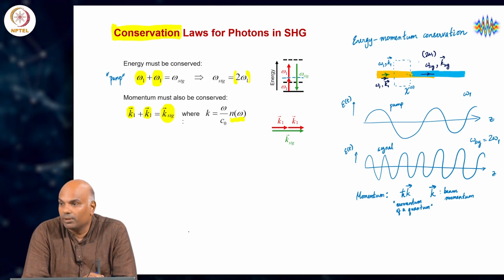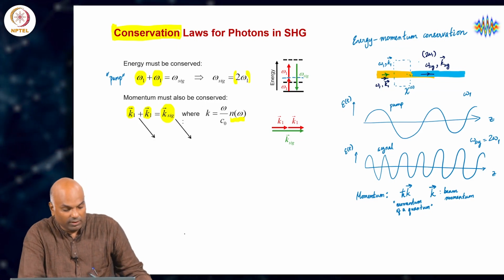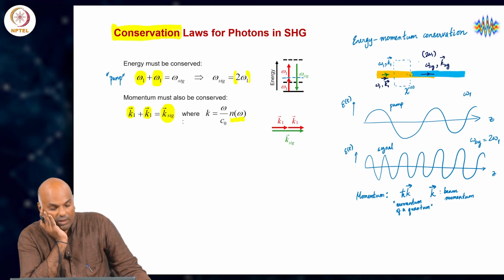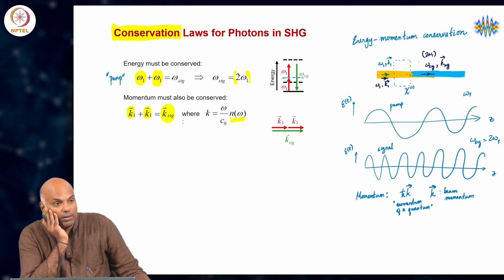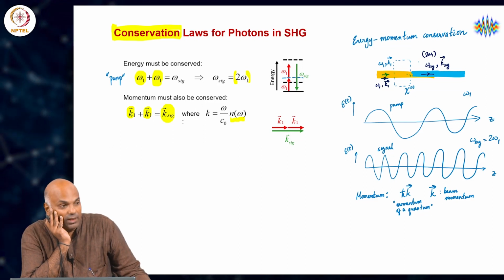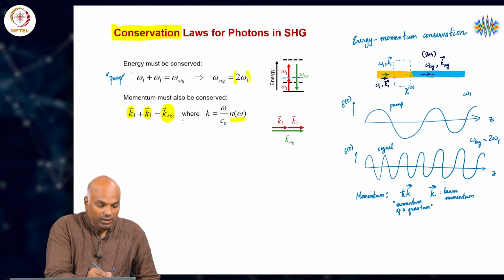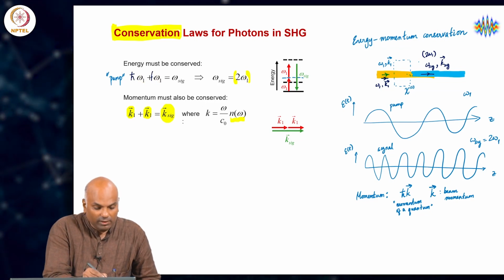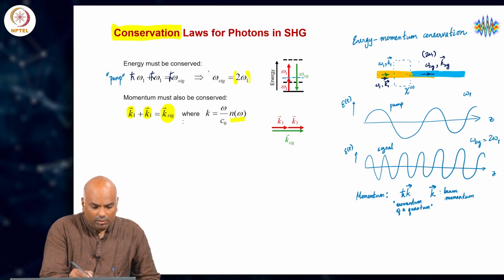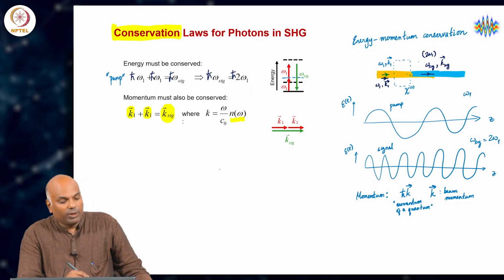So, that is the question we are going to answer in this lecture and maybe part of the next. The point here being, if second harmonic is generated, we understand that energy is conserved, because the energy of a single quantum of light is h bar omega.